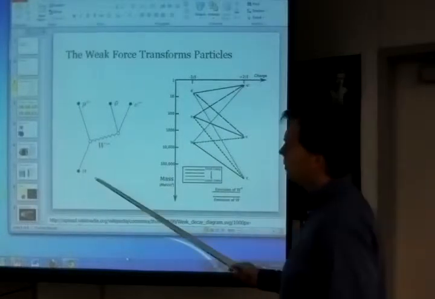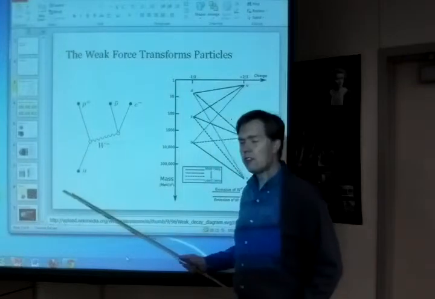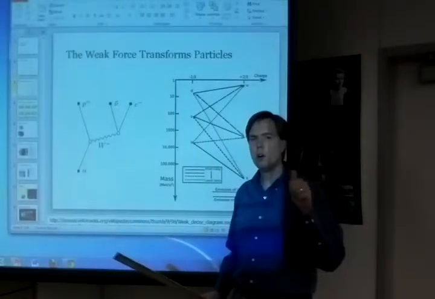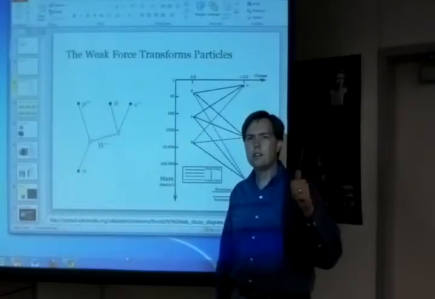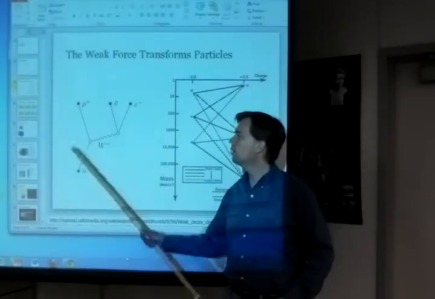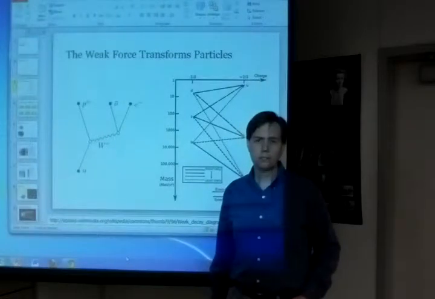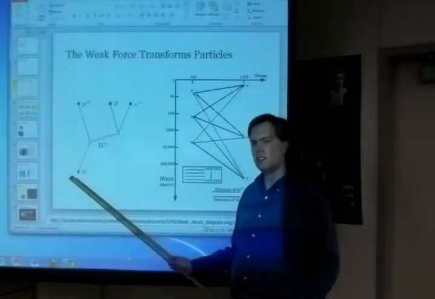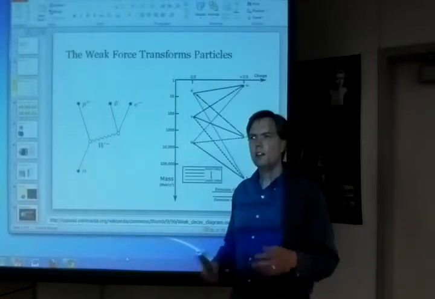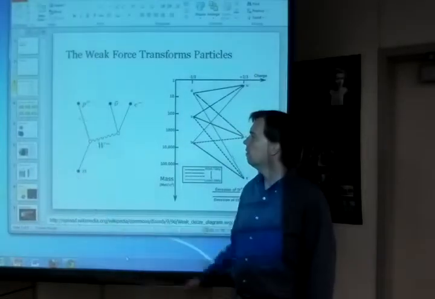Remember, the neutron has two d quarks and one u quark. The proton has two u's and one d. So what's different about the neutron and the proton is that one of the d quarks inside the neutron is changing into a u quark, making it a proton.